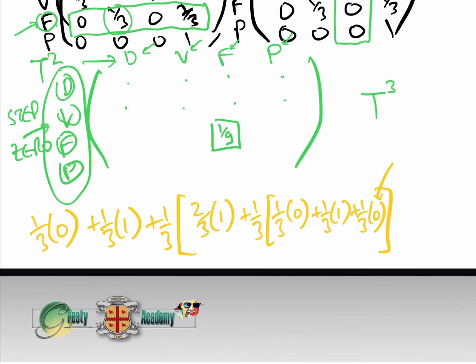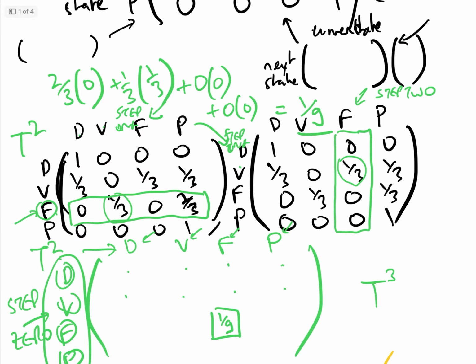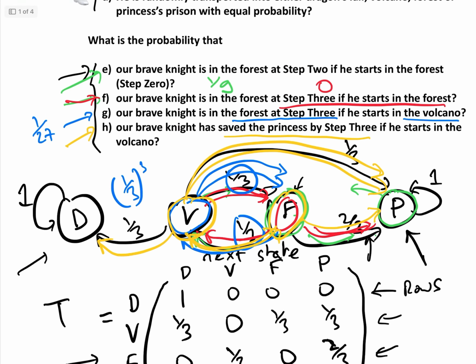And this last one here is the one where he is not dead, but he's not with the princess by step 3. And if we add all of that lot, it gets us to 16 over 27. So basically, working out by hand, our brave knight saved the princess by step 3 if he starts in the volcano, the answer to that is 16 over 27. Okay, now, they're not easy doing it like that.